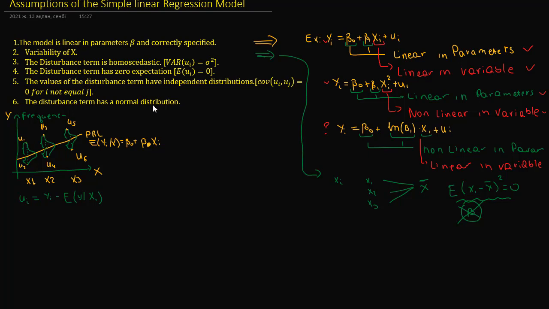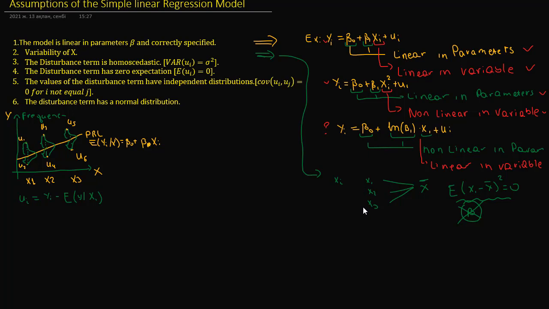The second assumption is variability of the x. What does it mean? We know that x is a fixed variable, and there should be some variation among my cross section of x. Suppose I have x1, x2, x3; they shouldn't all be the same as x bar. If x1, x2 and x3 all equal x bar, there is no variation across my cross sections.